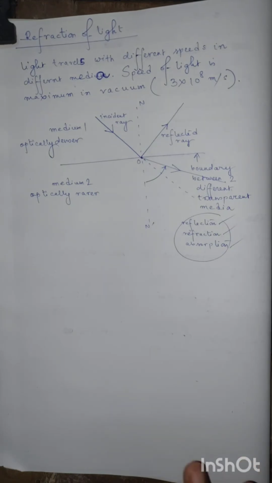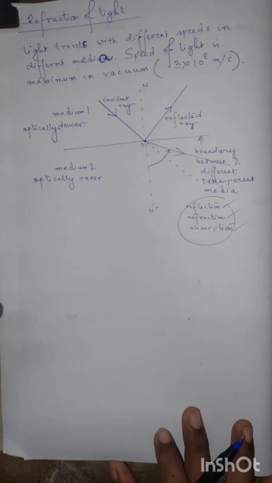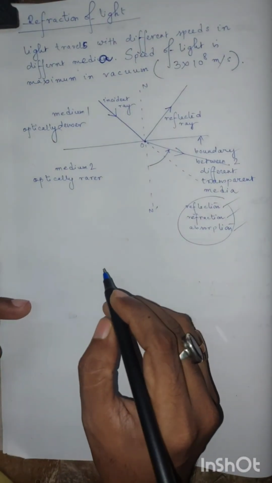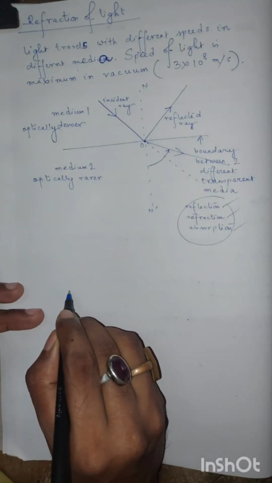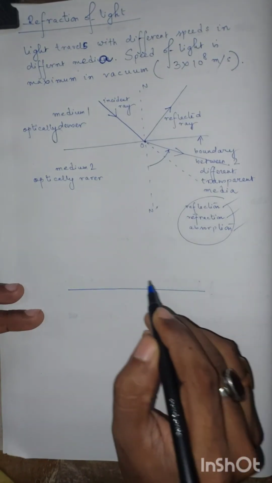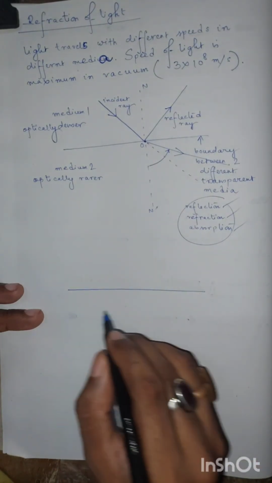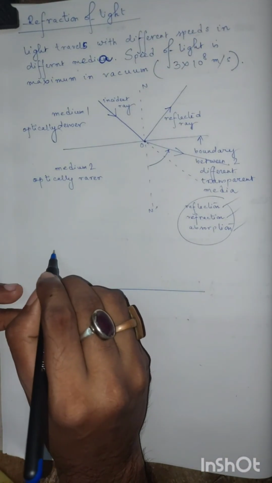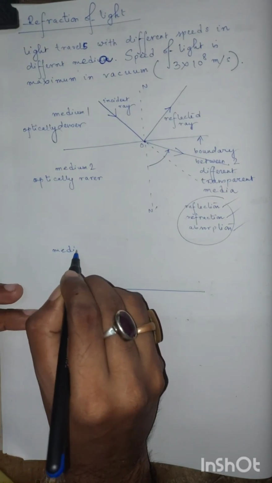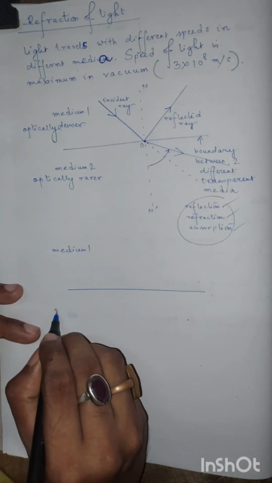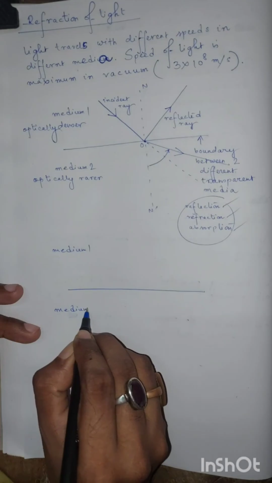Now again we can say, if a light ray, this is our medium 1, this is our medium 2.